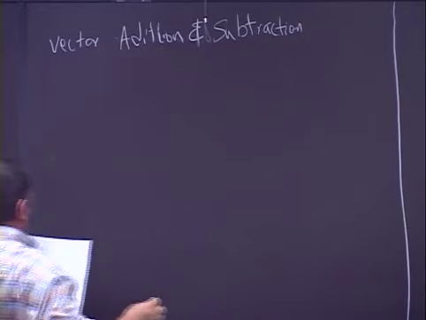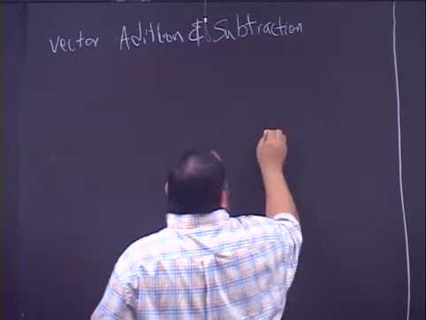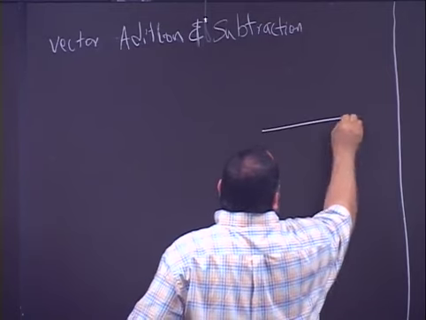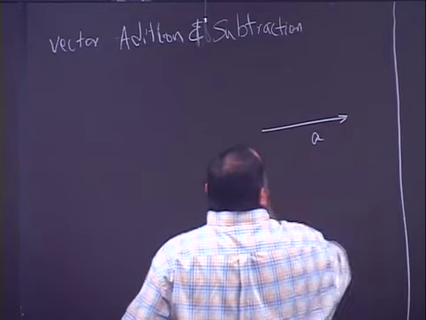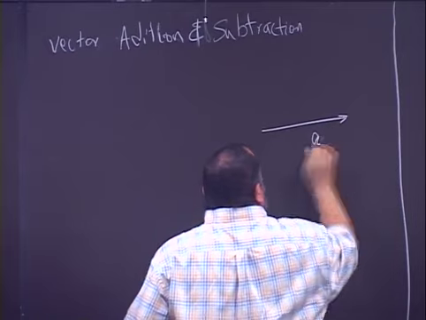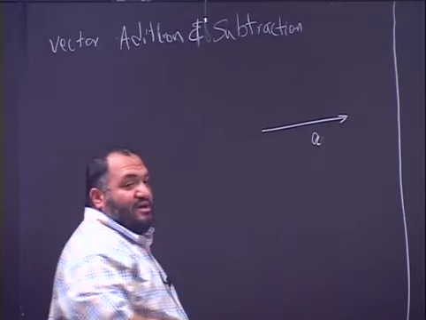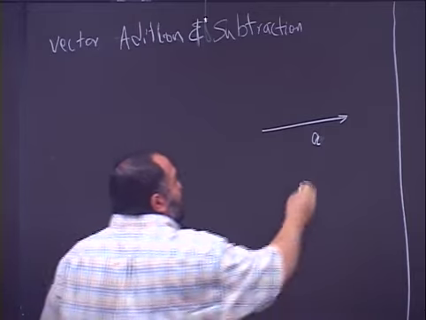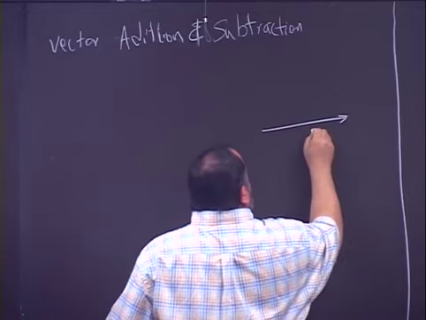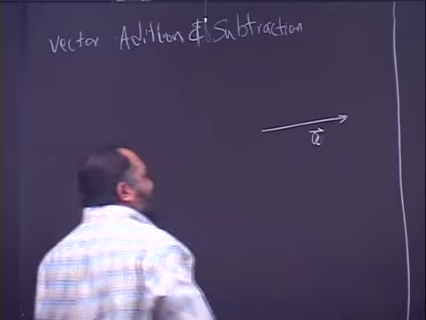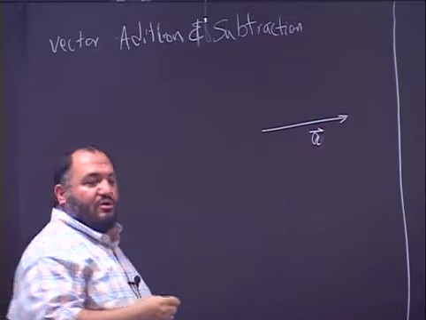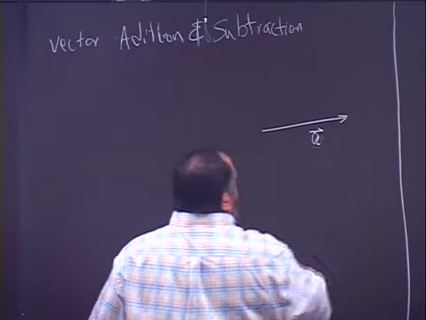Let's assume that we have a vector A, and usually in word processing, you will see that the vector will have a bold face. But here, because we cannot write it in bold face, we will either put an arrow on top of the vector, or you can put a line under the vector.